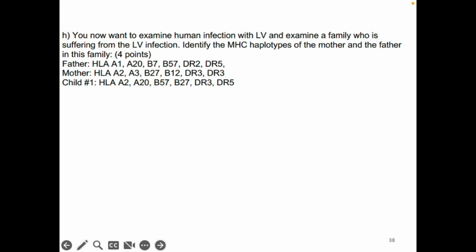What that means is I want you to write 2 chromosomes for each person. I want 2 chromosomes for mom and I want 2 chromosomes for dad, because I want, as I said, both haplotypes for each of them.